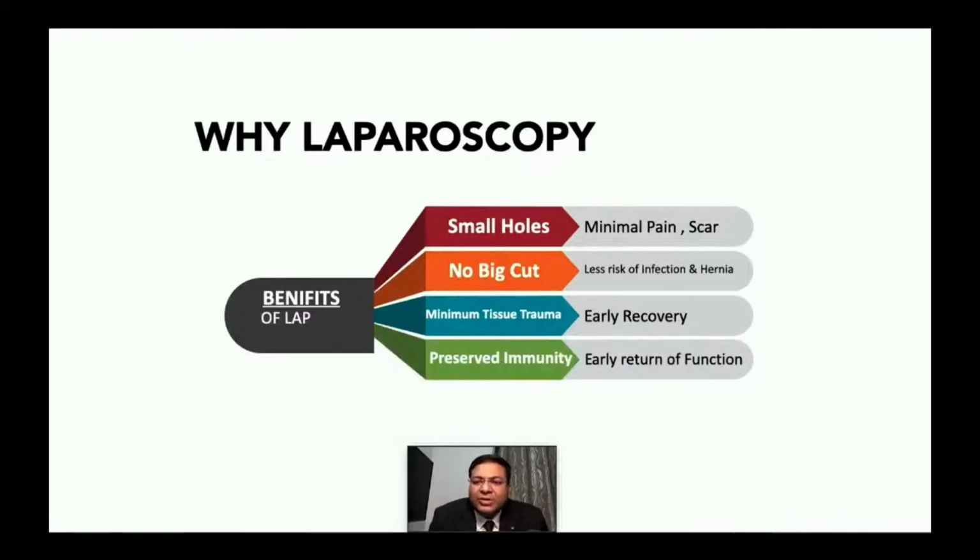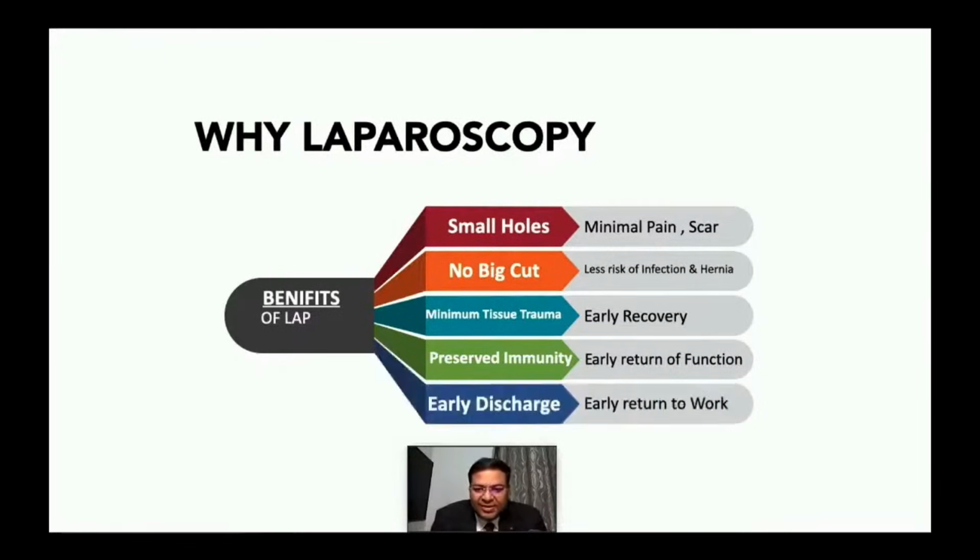It has also been noted that with early recovery, the immunity is also preserved. We all know how important immunity is for your recovery. If the immunity is intact, obviously the recovery of functions will be fast. And if all these things happen, obviously your return to work will be early, you'll be discharged early, and you'll be more comfortable at discharge.